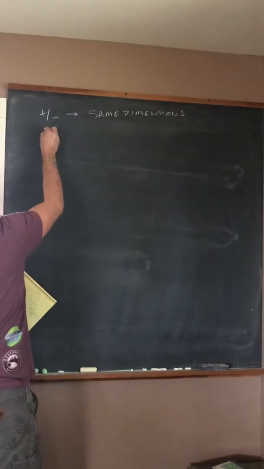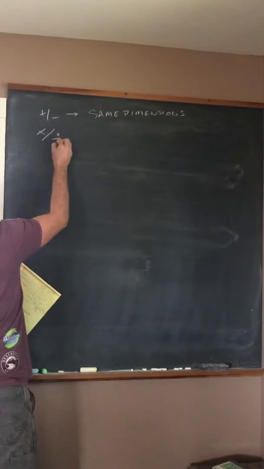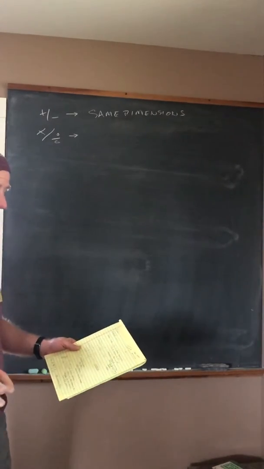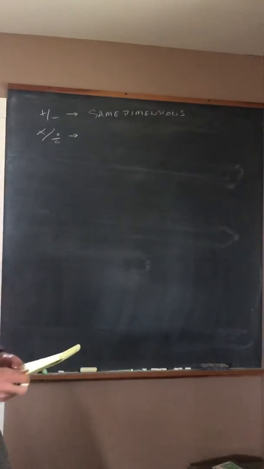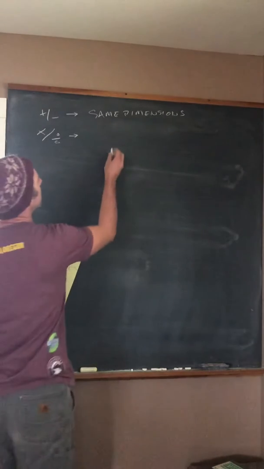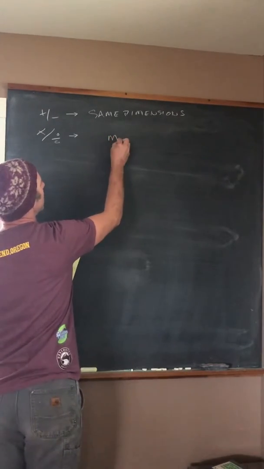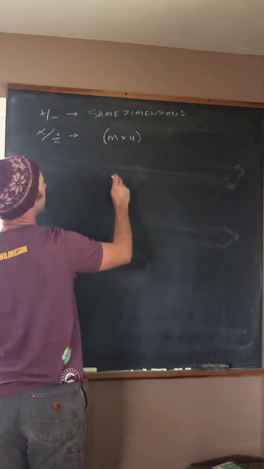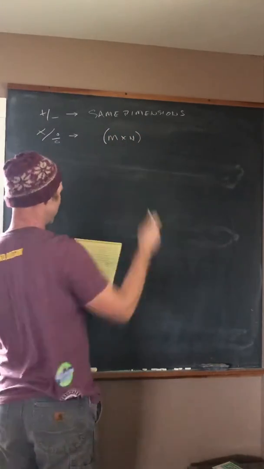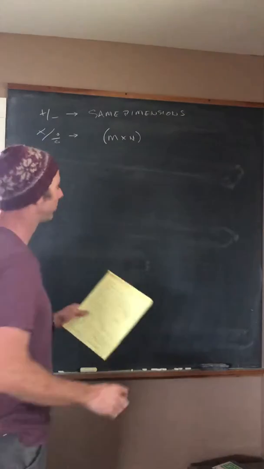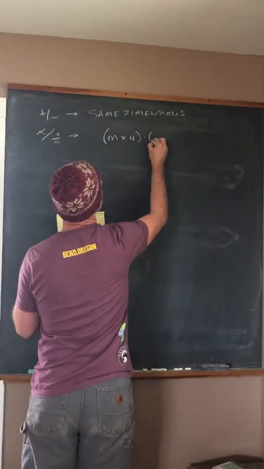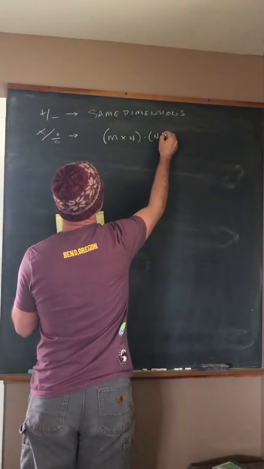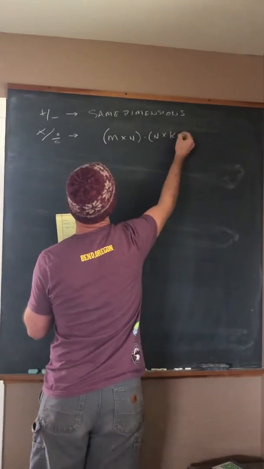Okay, but multiplication and division are not the same. So we got to look at this here. If I have a matrix where the dimensions are m times n, so rows, columns, and I multiply it by one that is n rows by k columns.